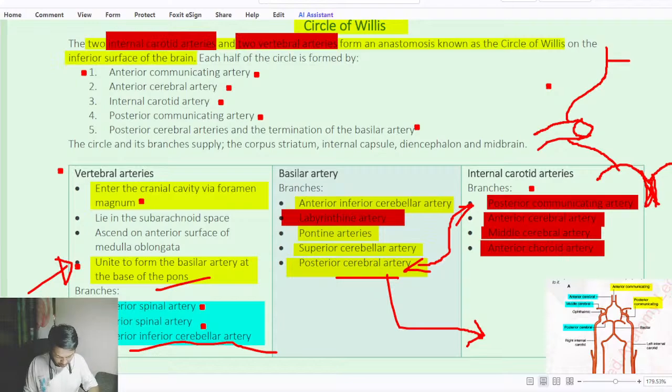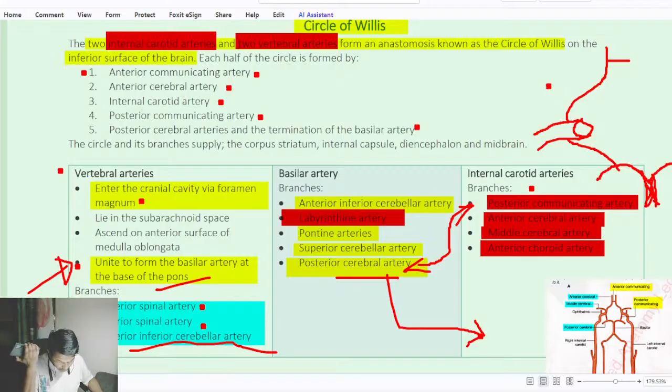The basilar artery gives two branches on both sides, the posterior cerebral arteries. From the front, the anterior cerebral artery is coming from both sides, and they are joined by the anterior communicating artery.